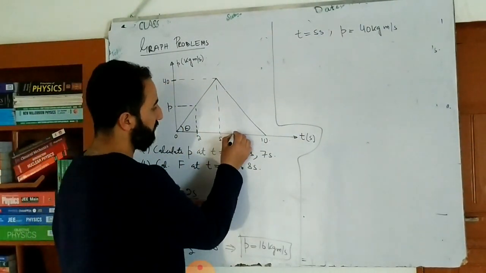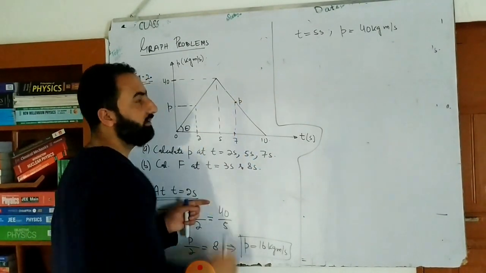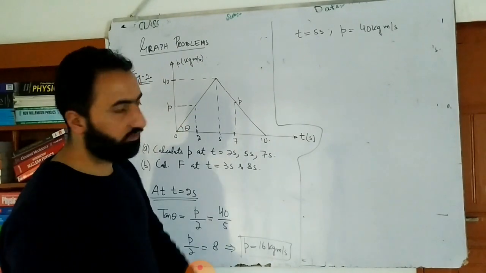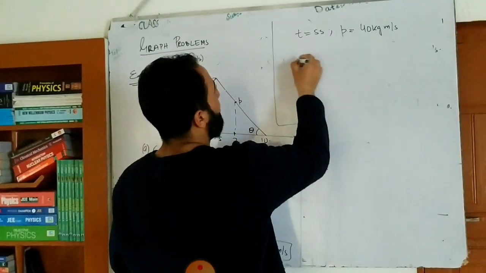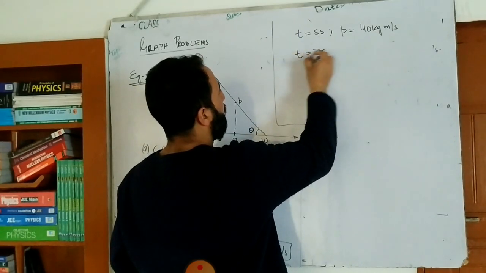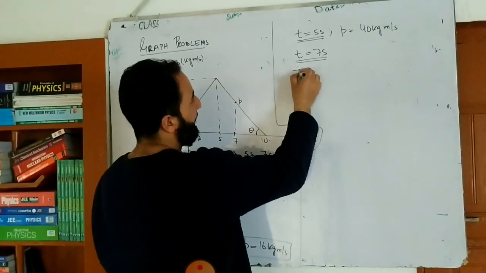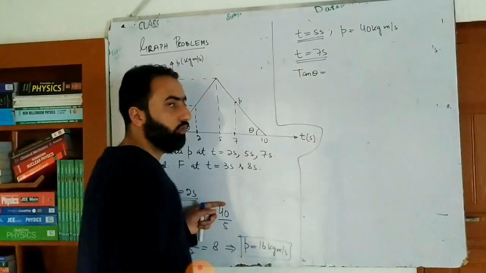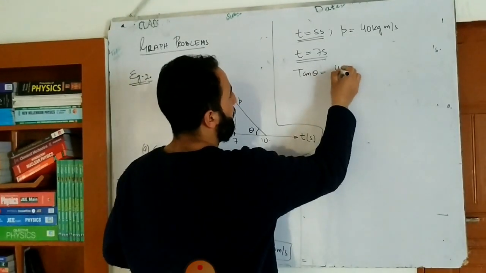So this is 5, and somewhere here it will be 7. Then draw a perpendicular. This point is P. We have to calculate the momentum, this P. Okay. Again, suppose that this angle is theta. Then again, at t equal to 7 seconds, let us define tan theta. Tan theta will be perpendicular over base in the larger triangle, so perpendicular is 40 divided by base.